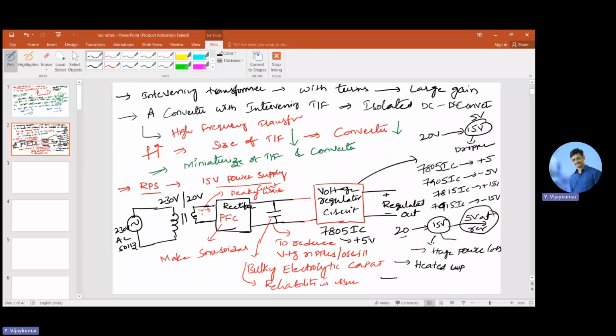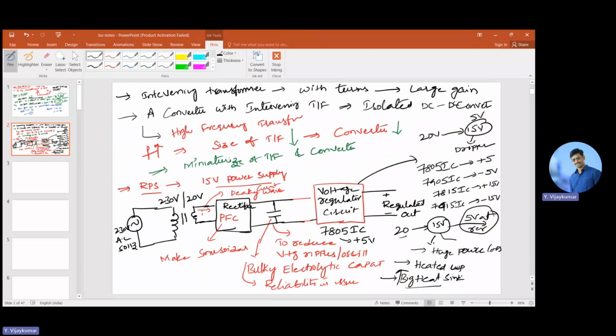When the circuit is heated up, we have to dissipate the heat. To dissipate the heat, we require a big heat sink. As the heat sink is big, the size will be more, and thereby the total converter size also will be more.